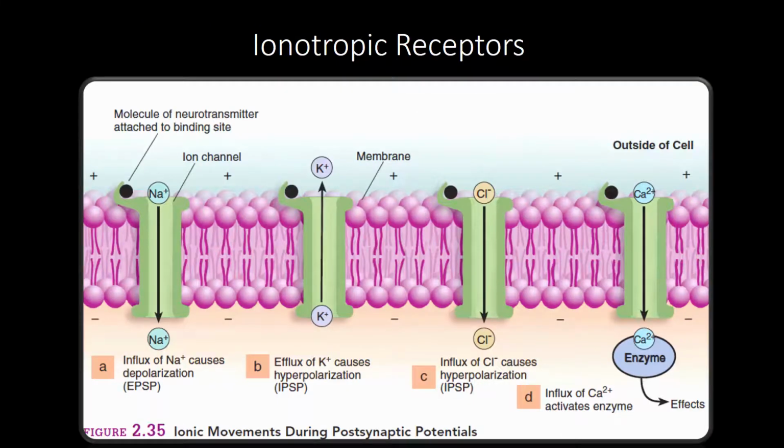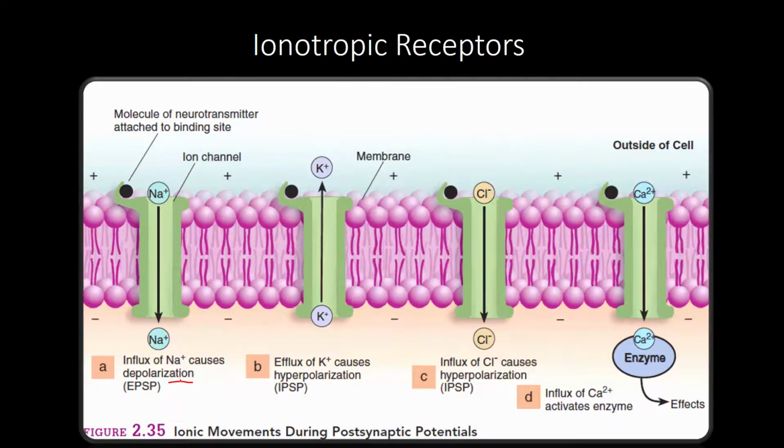Now, what the effect in the cell is depends. Everything we have here are ionotropic receptors, okay? Because when neurotransmitter binds, the ion channel opens and ions can flow. In the case of the sodium channels, sodium flows in. That sodium flowing in causes a depolarization. If a little bit of sodium flows in, we get a small excitation.